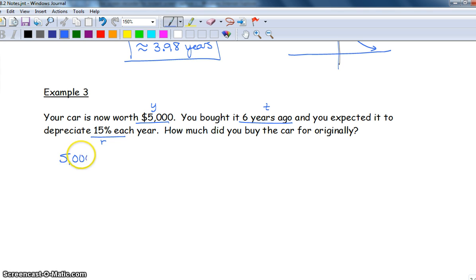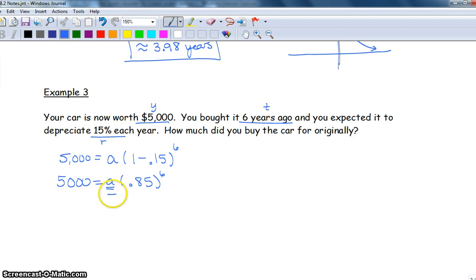So we've got 5,000 is equal to our unknown original amount, A, times 1 minus 0.15, raised to the 6th power. So we got 5,000 is equal to A times 0.85 raised to the 6th power. So if I want to find that A value, I'm multiplying it by 0.85 raised to the 6th power.